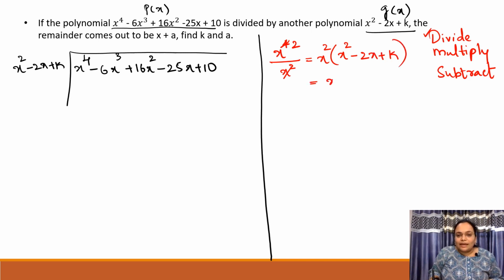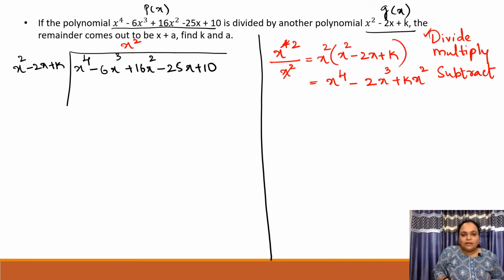What you will get? x power 4 minus 2x cube plus kx square. Q of x first term is x square. Now write it here: x power 4 minus 2x cube plus kx square.